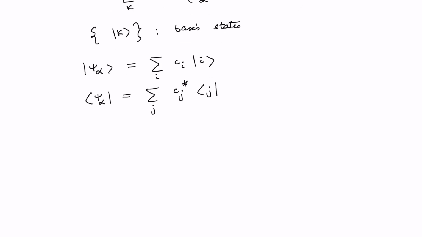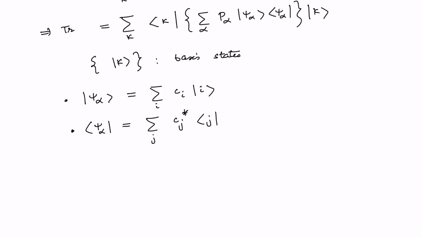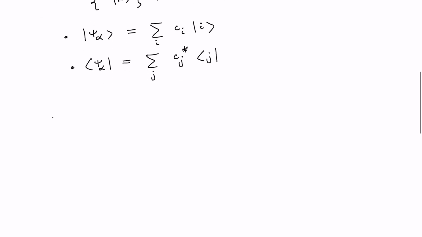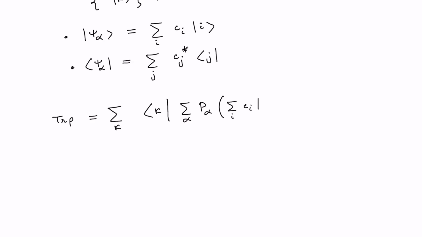Now if I put ket psi alpha and bra psi alpha in this expression for trace rho, let me do that. Trace rho is equal to sum over k, sum over p alpha. Now for ket psi alpha, that is sum over i ci ket i, and then for the bra part I have sum over j cj star bra j, and ket k.